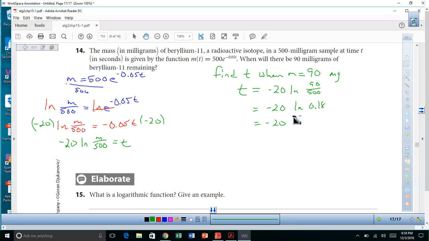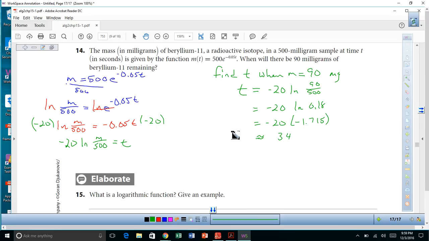The natural log of 0.18 is about negative 1.715, I think. Multiply those together and you get approximately 34.